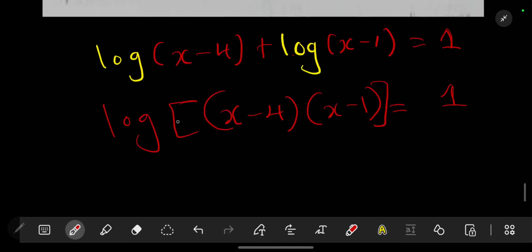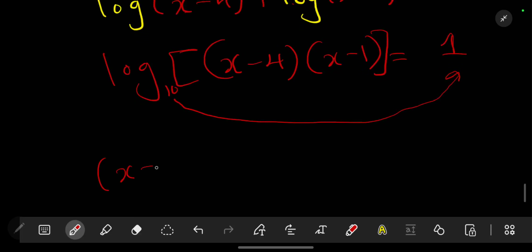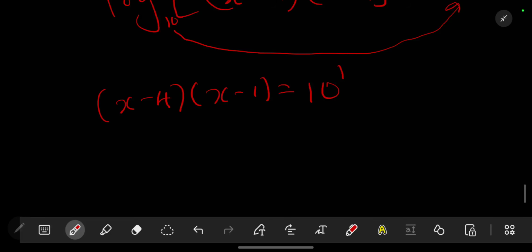So if the base is not showing, it means it's base 10. So this 10 likewise will go down there. So it will be x minus 4 times x minus 1 is equal to 10 to the power of 1, like that. So how we multiply, let this multiply everything. We have x, open brackets, x minus 1. Then this negative 4 multiplies everything.